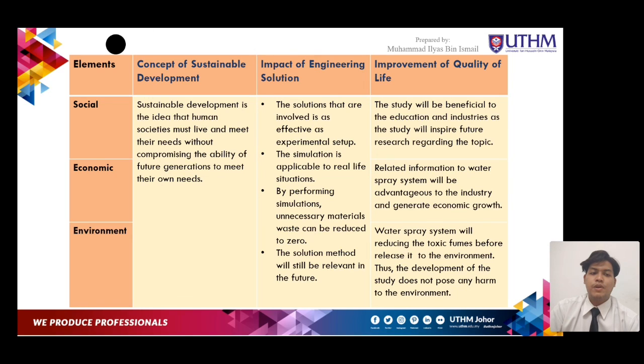For improvement of quality of life, the water spray system will reduce the toxic fumes before releasing them to the environment. Thus, the development of the study does not pose any harm to the environment. Okay, I think that's all from me.